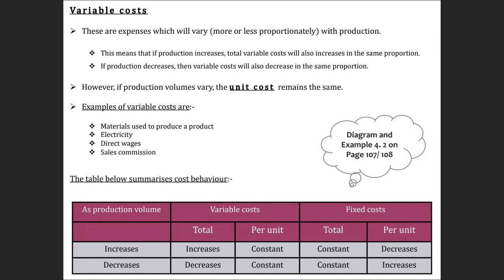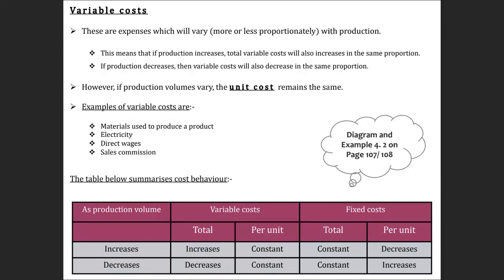The more we produce, the more material we require, or the more labor hours we require, and that in turn drives up the total cost. So with your variable cost, it either moves upward or downward depending on your production levels or your output levels. So the more we produce, the higher the cost; the less we produce, the lower the cost.